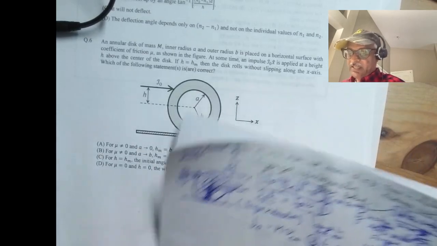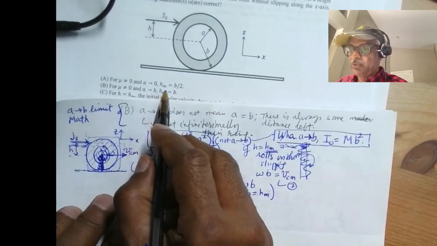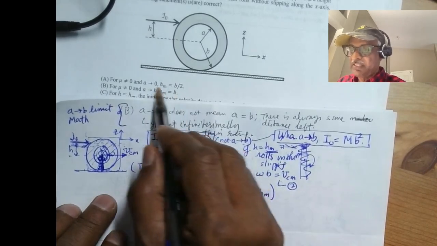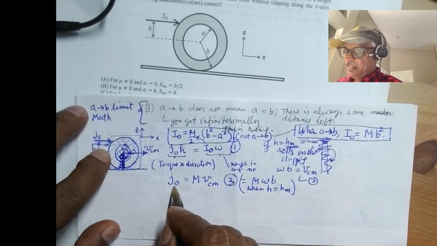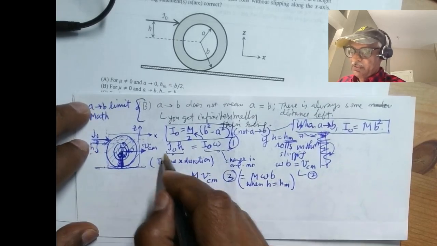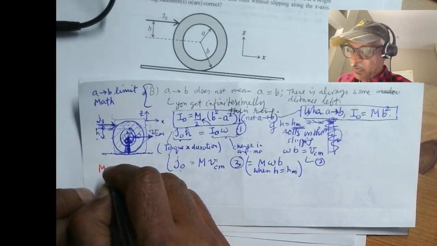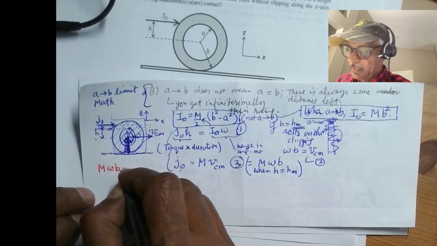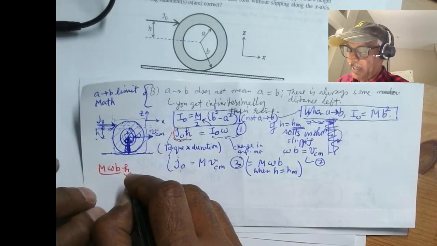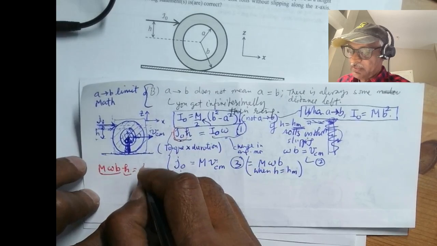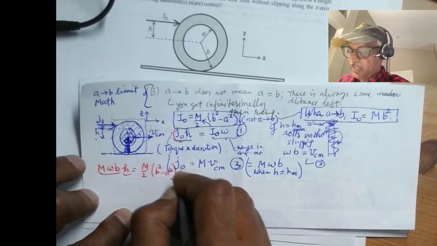Okay, so let's see our choices here. It says when A goes to 0, hm is b over 2. So it has to do with h equal to hm, so we have J0 equals m omega b. So I can combine these two: m omega b times h, using J0, times h, and I0 is m over 2 times b square minus a square times omega.